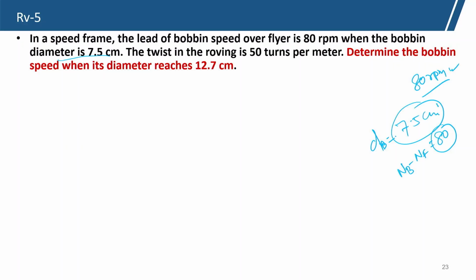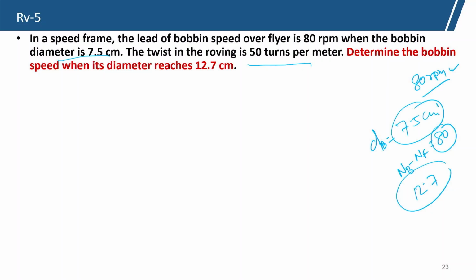The twist in the roving is 50 turns per meter. Determine the bobbin speed when its diameter reaches 12.7 centimeter. First, let us calculate the spindle speed.